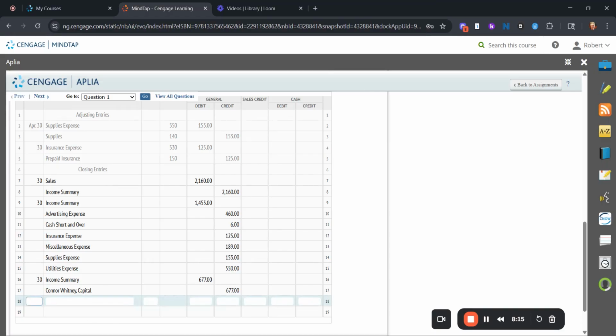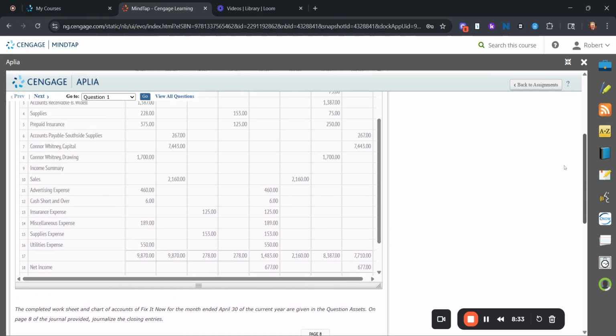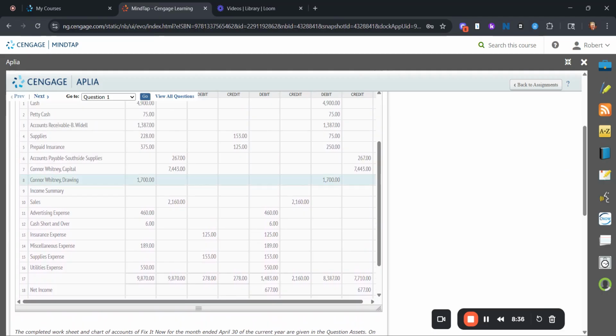And then we're going to have another entry for Connor's capital account. We're going to get that from our worksheet. That's $1,700 debit. So we're going to use the drawing account for this one. Sorry. So we're going to get the drawing account for $1,700 entry for another capital account entry on the journal.